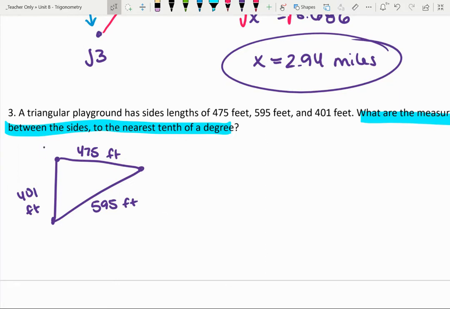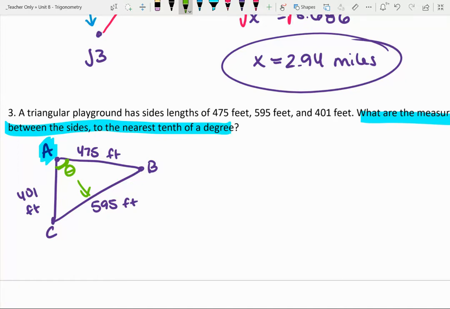So I'm just going to give these some labels, A, B, and C, so that I can refer to those angles pretty clearly. And I'm just going to go alphabetically here. I'm going to start with angle A. So I know the sides, and I have an opposite side, right?